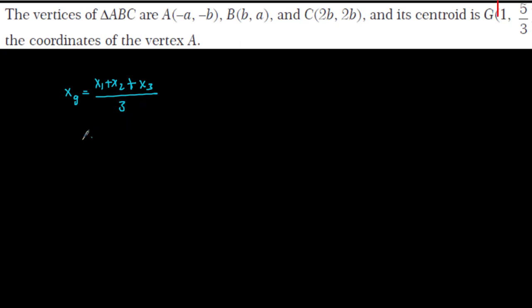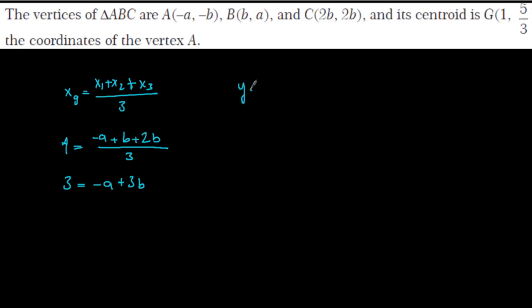So here xg is equal to 1, with x1 equal to minus a, plus b plus 2b over 3. If we multiply by 3 on this side, 3 times 1 is equal to 3, and 3 is equal to minus a plus b plus 2b, which is 3b. So this is the first equation for us.